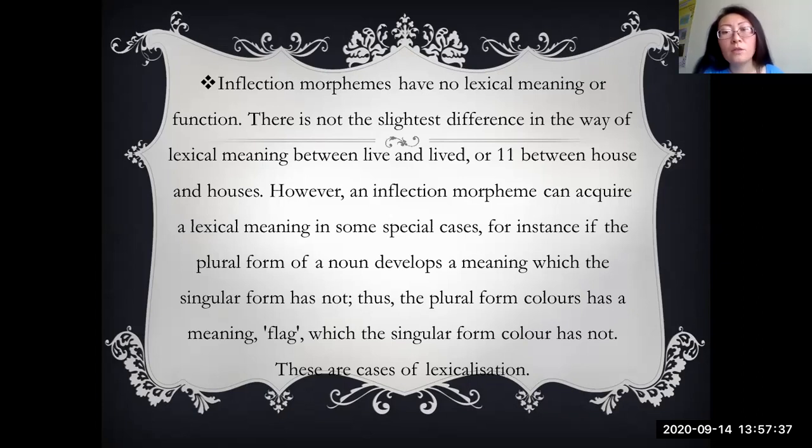However, an inflection morpheme can acquire a lexical meaning in some special cases, for instance, if the plural form of a noun develops a meaning which the singular form has not. Thus, the plural form colors has a meaning flag, which the singular form color has not. There are cases of lexicalization.